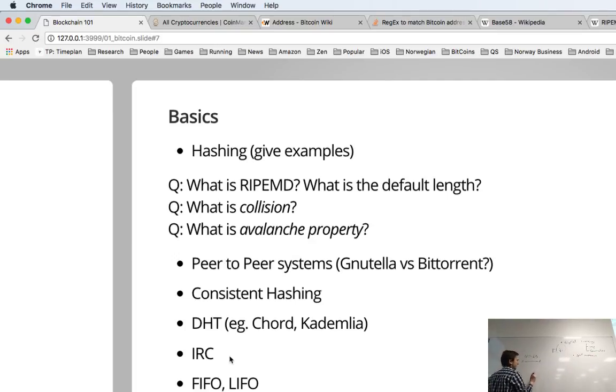Normally you have a network of servers connected to each other. Okay, so let's say we have something like this.